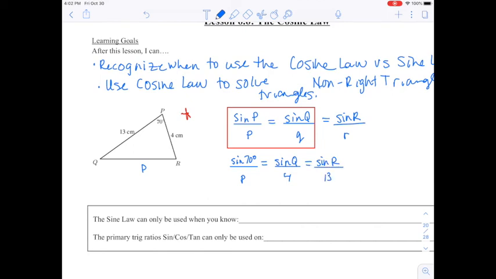You can't take these two or these two or the other two and actually get 3 out of the 4 pieces of information. In order to solve something with the sine law, you need to have one angle side pair, and here you don't have one full angle side pair.